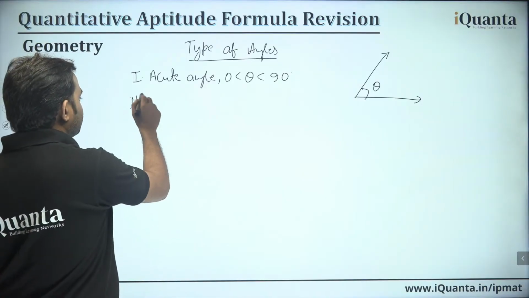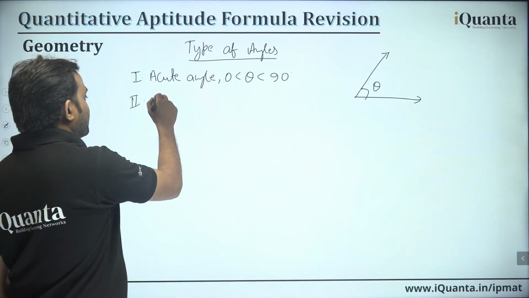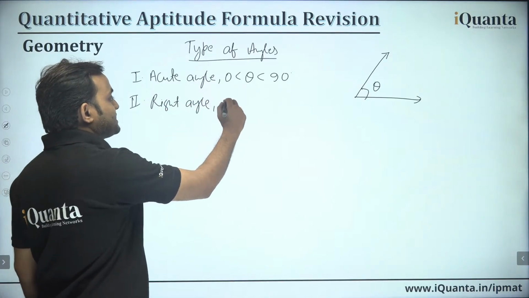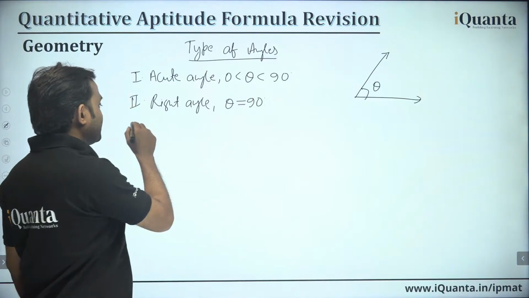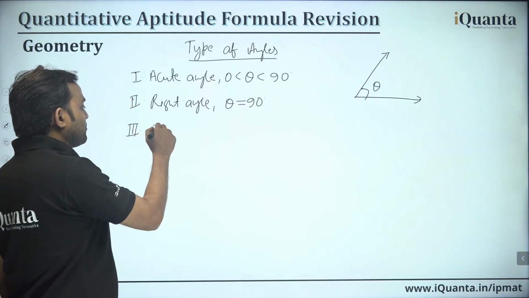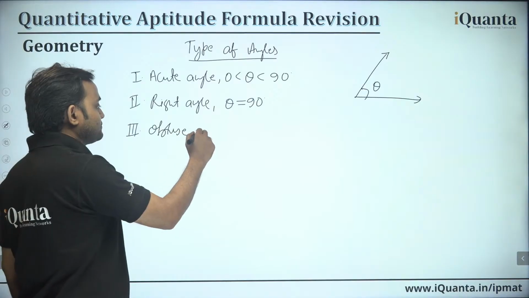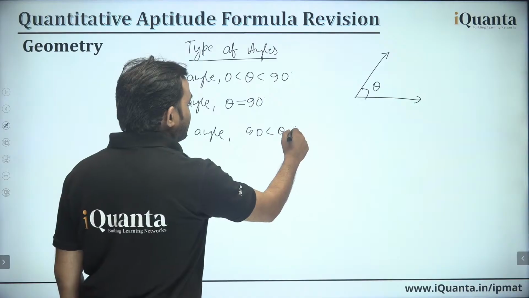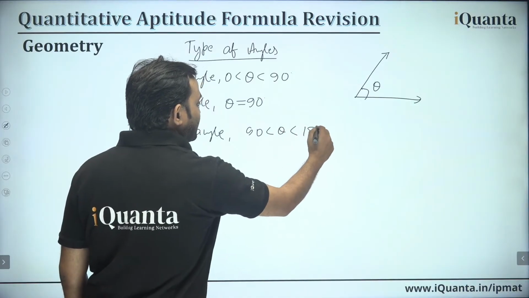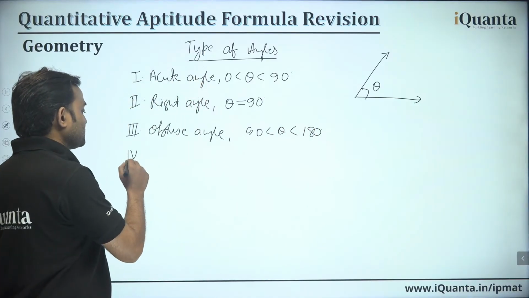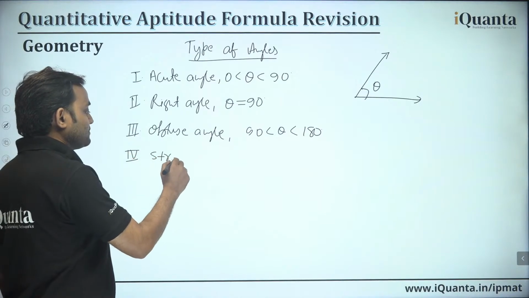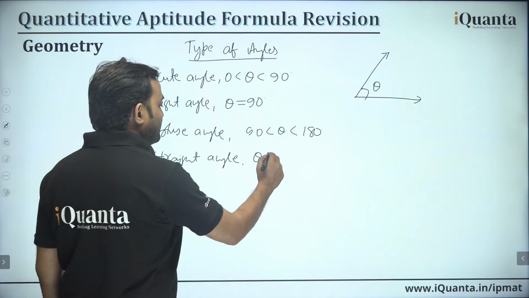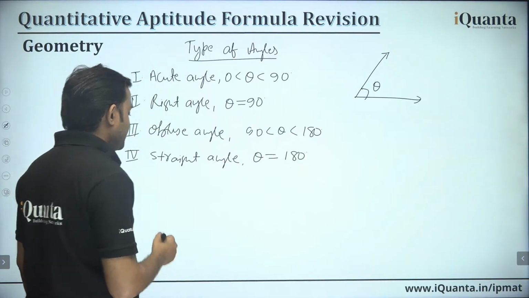Then second is right angle, where we say theta is equal to 90 degree, and then comes obtuse angle, where we say theta is greater than 90 degree but less than 180 degree. And if we talk about straight angle, by straight angle we mean theta is equal to 180 degree.